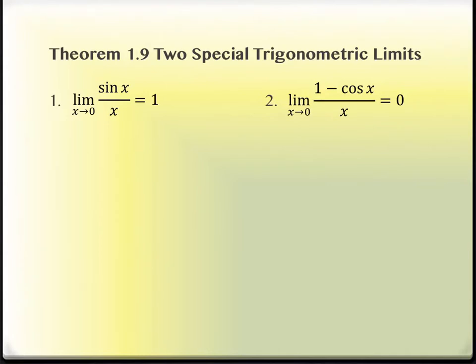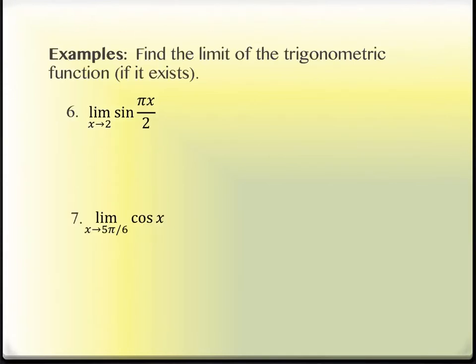So again, on this one, that limit, if we looked at it numerically or graphically, would actually approach the value of 0. So these are values that you can take at face value. We're not asking you to prove them, right? But you're going to use them when you find them necessary in showing other limits. Okay? So we'll do some examples where some of these things are going to show up.